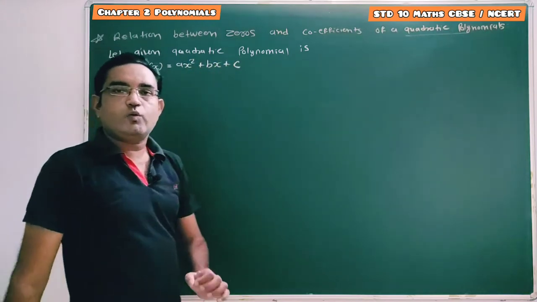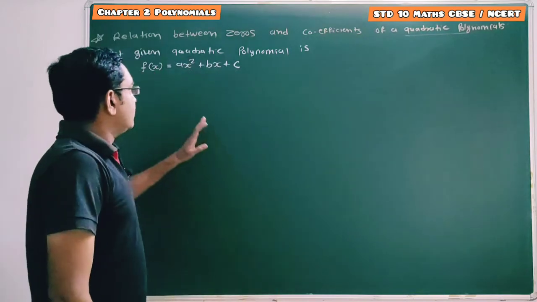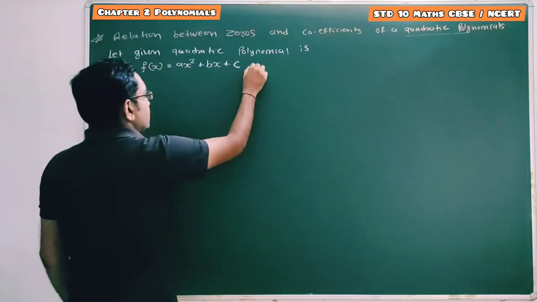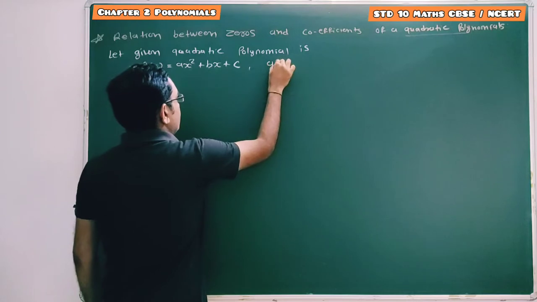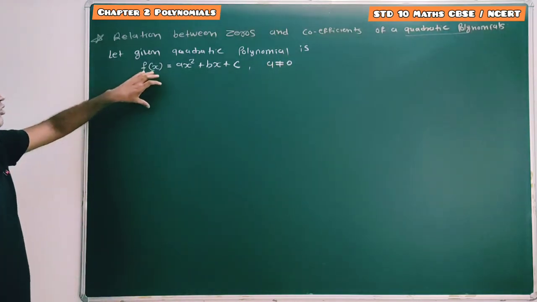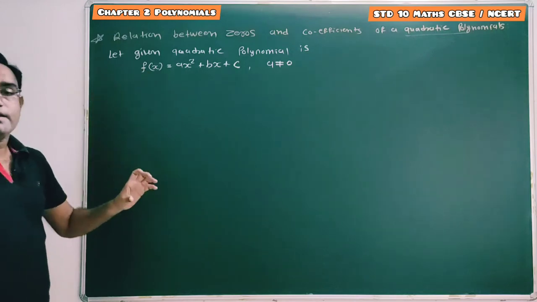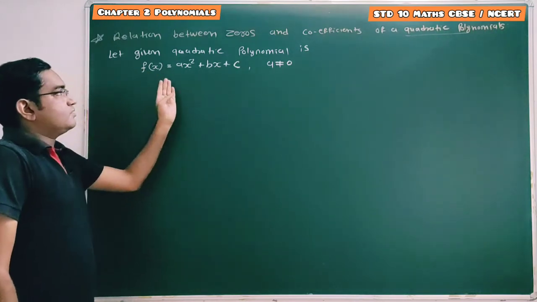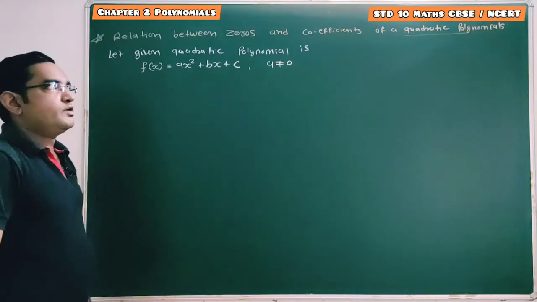This is the given quadratic polynomial, and the condition for this quadratic polynomial is that the coefficient of x square is not equal to 0. Now for this quadratic polynomial we have to find the relationship between its zeros and coefficients.